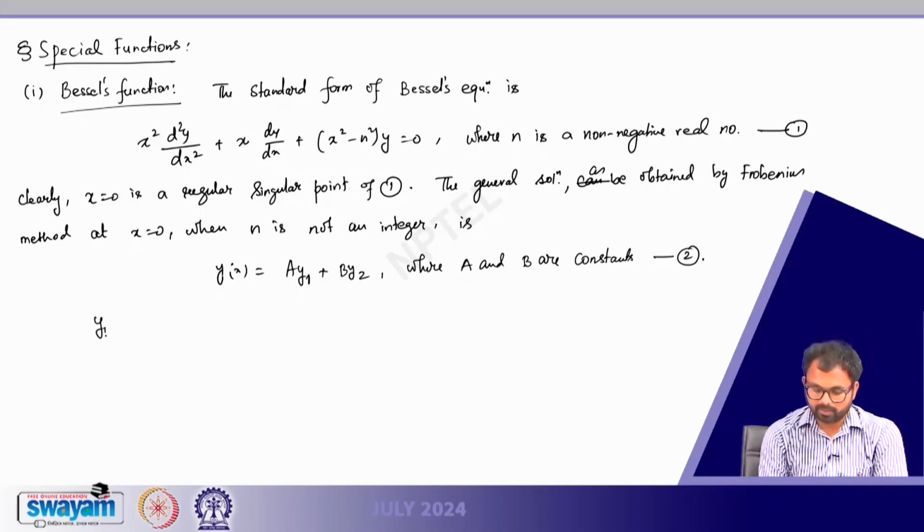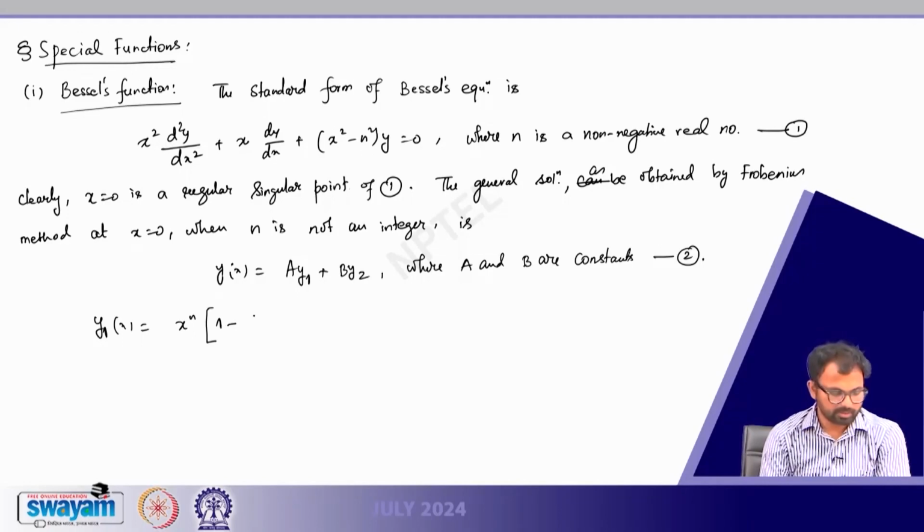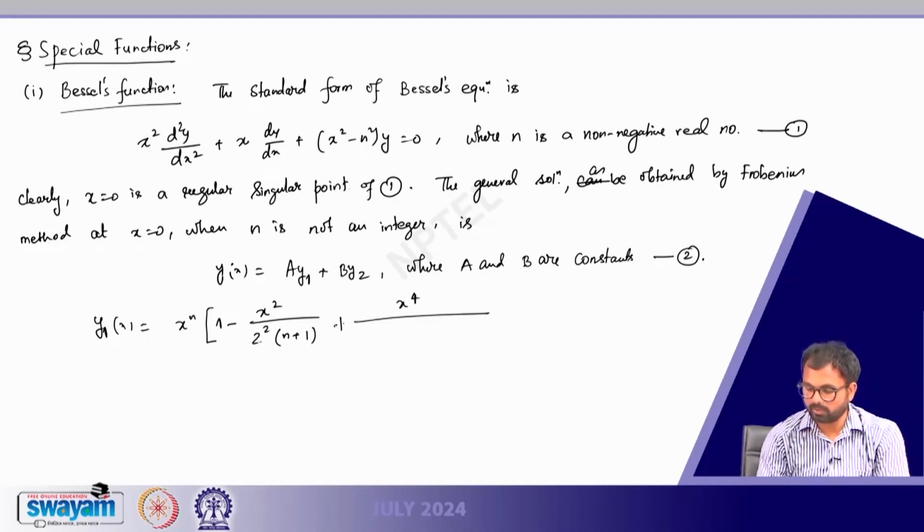So y1 can be written as y1(x) equals x to the power n. If we use the Frobenius method, then it will be x to the power n times [1 minus x square by 2 square (n plus 1) plus x to the power 4 by 2 to the power 4 factorial 2 (n plus 1)(n plus 2) minus dot dot and so on].